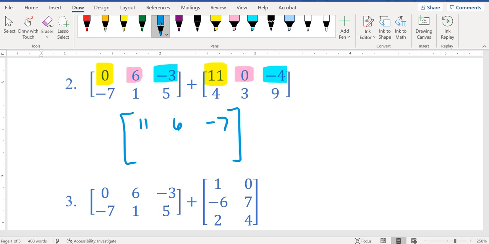That's row 1. Row 2 would be -7 plus 4, and then 1 plus 3, and 5 plus 9.